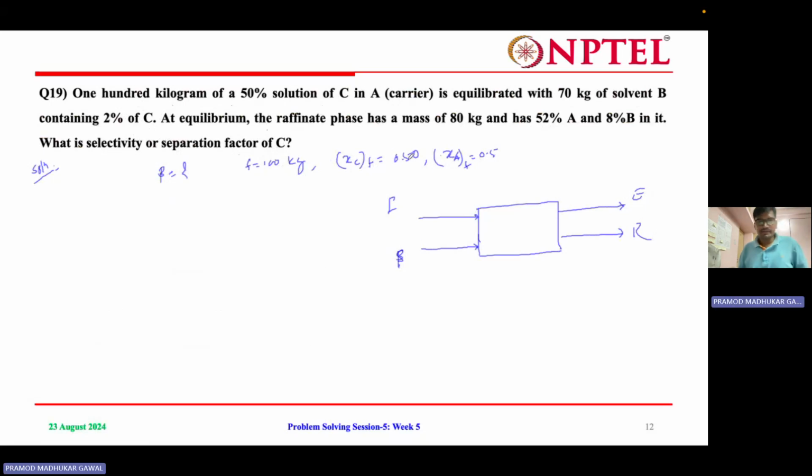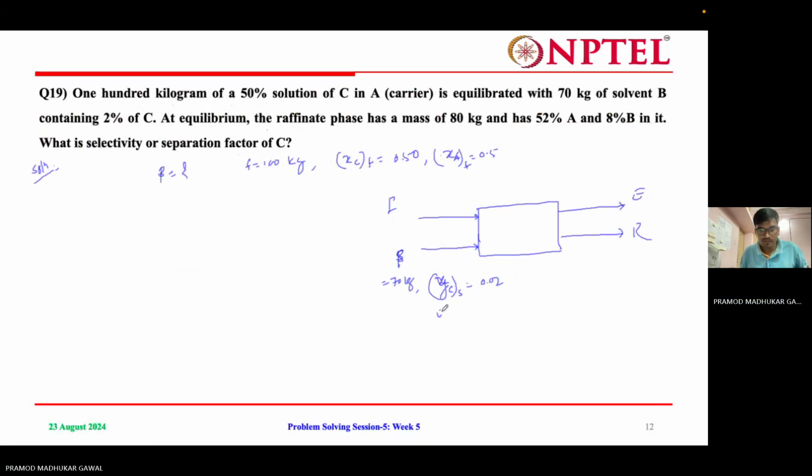So XCF, given solvent quantity given 70 kg, right? Y C in solvent 0.02 given.